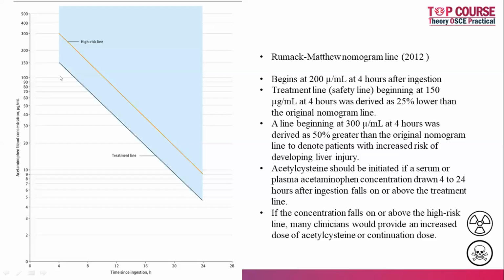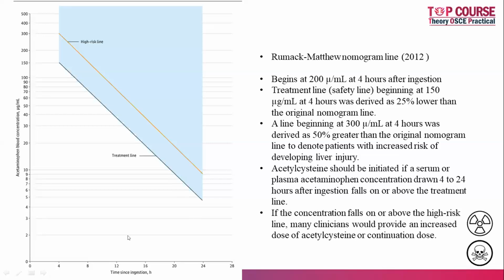There are two lines which I've already mentioned in the previous slide. One is known as the treatment line, also known as the safety line. This begins at 150 microgram per ml at 4 hours, which was derived at 25% lower than the original nomogram line.